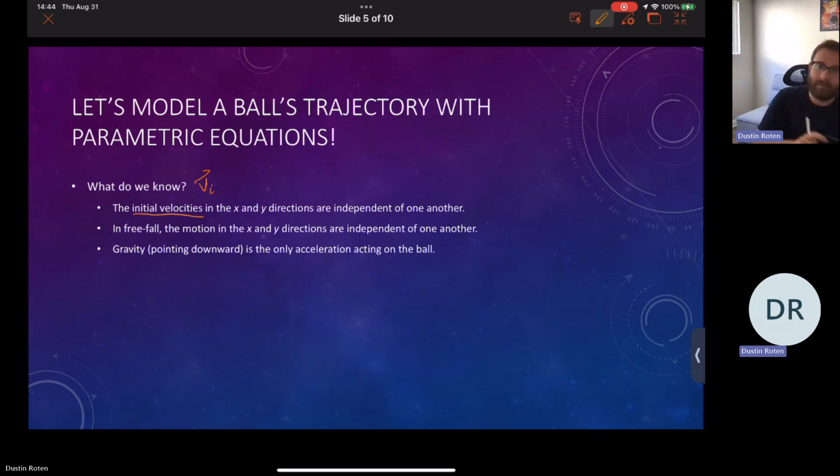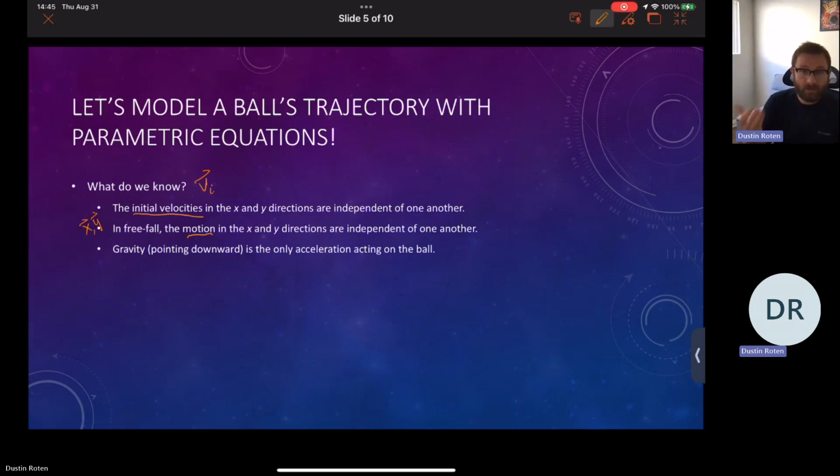The second point I was trying to make, which is subtle, and I almost missed it myself: in free fall, in the first bullet point we're talking about velocity. Here, we're talking about positions, x and y, not necessarily velocities, but where these things are. So your x and y components are also independent of one another.